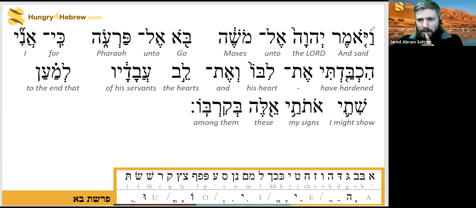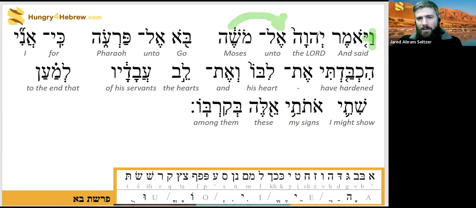Vayomer has a vav at the beginning. Some people look at that and say, "Oh, look, it's the 'and' vav prefix." I don't think it is, but it's okay. Yod tells us he is the subject, so "and he said." Who did? The Lord did. El is a preposition, anything that a rabbit can do to a box: to or unto Moshe.